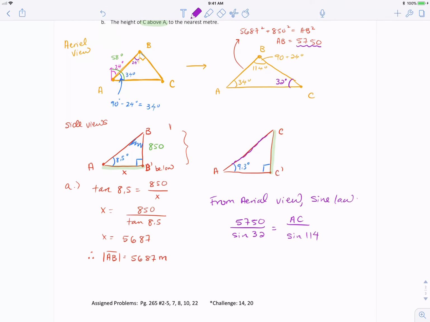Okay, so using my calculator and going through those steps, I want to have sine of 114 multiplied by 5750, all divided by the sine of 32.